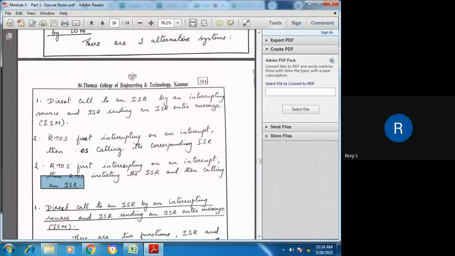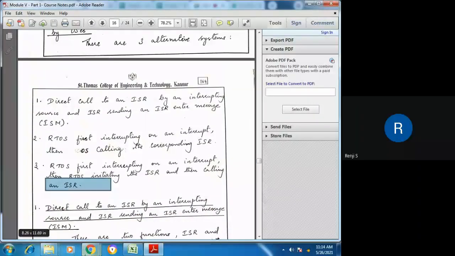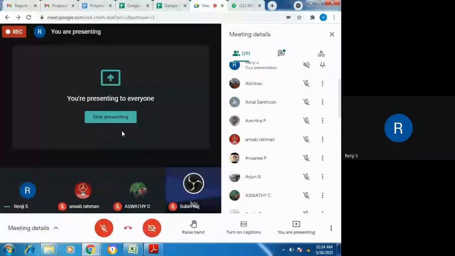Here we said the interrupt is directly going to the RTOS, and RTOS will invoke the ISR. But here, again, the request is going directly to the RTOS, but RTOS will call another ISR, which checks the priority of the interrupt that has arrived, and if the priority is high, then it will call the corresponding interrupt. Did you understand the third one?